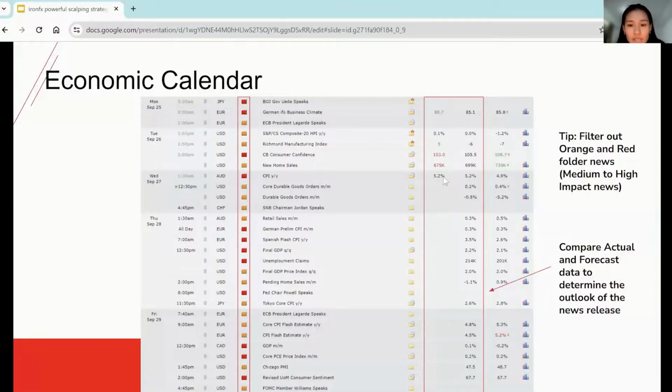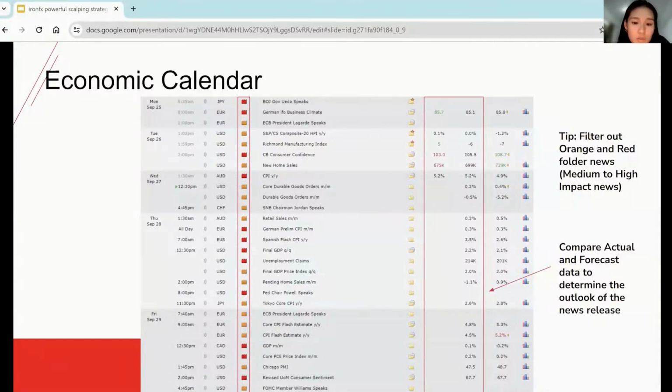And then on the left, the first column is the actual data. The second column is the forecasted data, and then the last column is our previous data. Our tip is to filter out the orange and red folder news. These are the medium to high impact events over here. And then we'll compare the actual and forecasted data to determine the outlook of the news release.